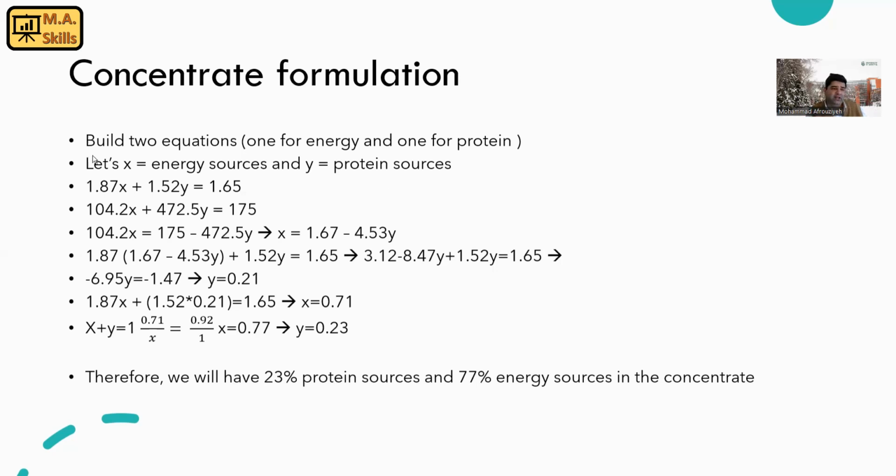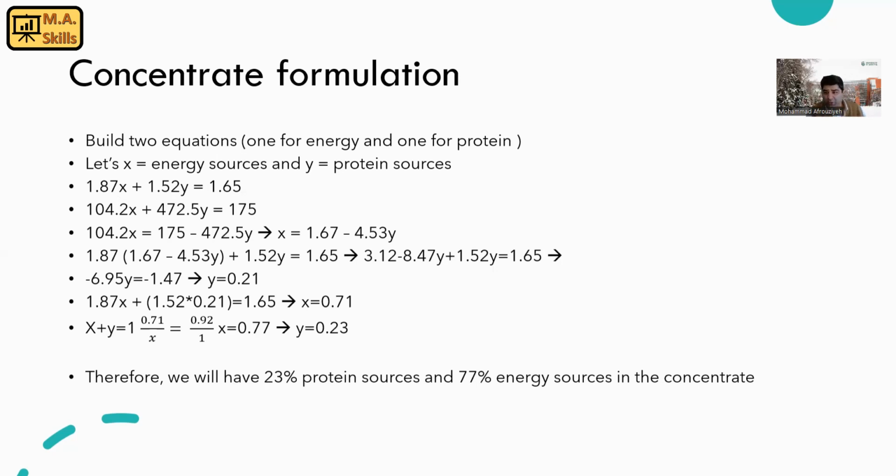Because our energy level is based on kilos, for example 1.65 megacalorie per kilo, and we want to make the units the same basis, kilos.